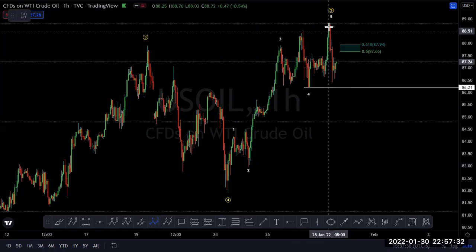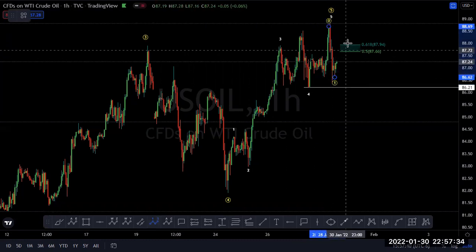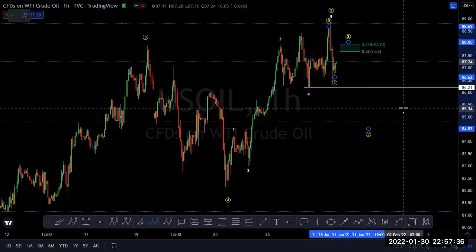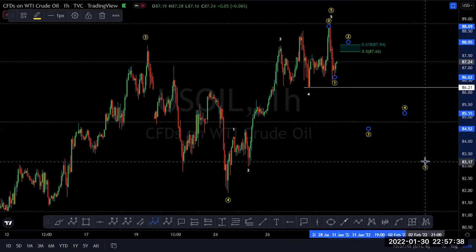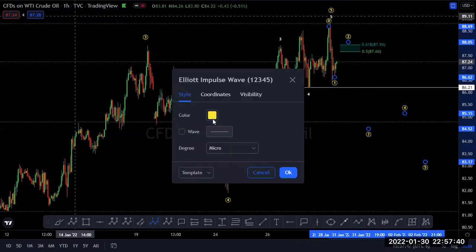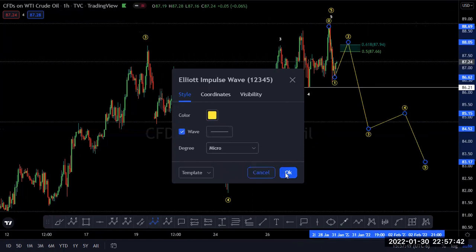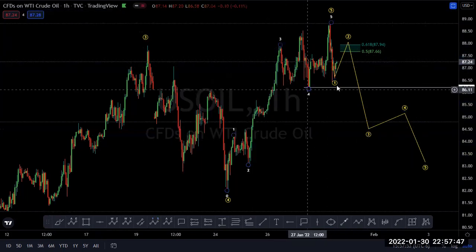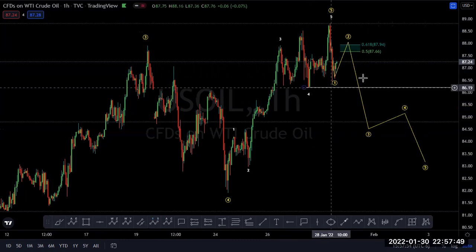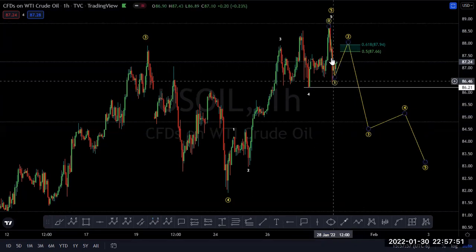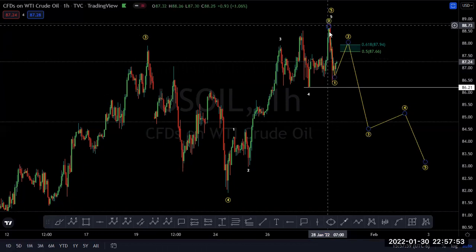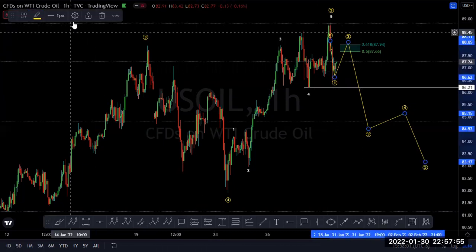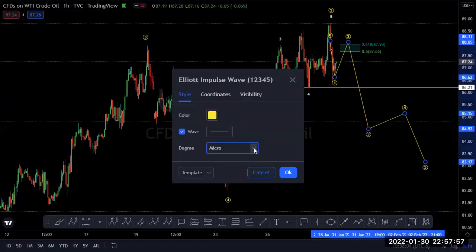The assumption is this: wave 1, wave 2, 3, 4, 5. This is an assumption. So the possibility is when it broke this level, to me, this is wave 1. It is sharp, it is steep, it is swift. So let me take it as wave 1 for now.